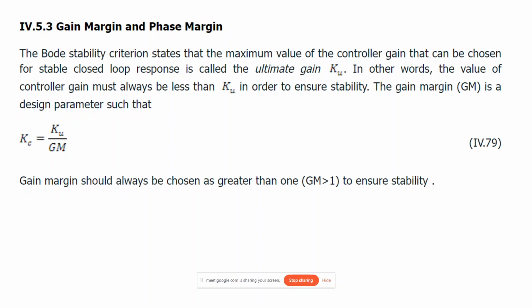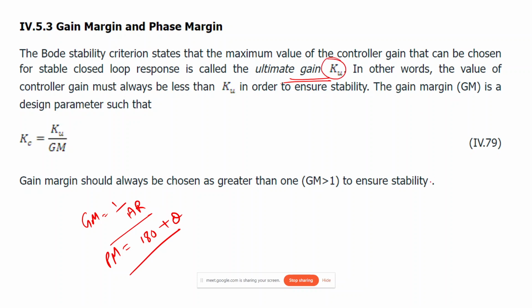In the earlier slide, we defined the gain margin as 1 upon amplitude ratio and the phase margin as 180 plus theta. So we have to remember these two terms. Then we define the ultimate gain from this Bode stability criterion. The Bode stability criterion states that the maximum value of controller gain that can be chosen for a stable closed loop response is called the ultimate gain, or Ku.